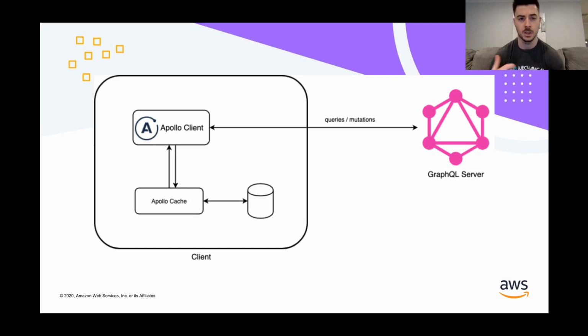And that's important in the context of Apollo because Apollo has a normalized cache, and it uses the object ID to index items in that cache. And it's really useful to have that ID in the cache so that Apollo knows how to find that item and automatically update it for you when you get mutation responses and subscription updates.